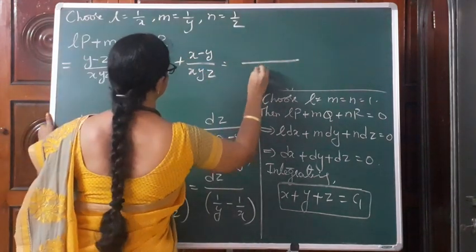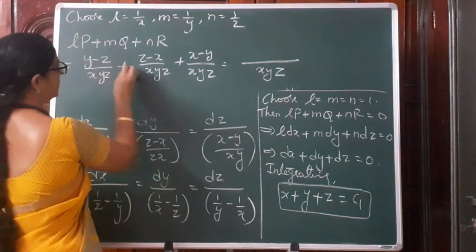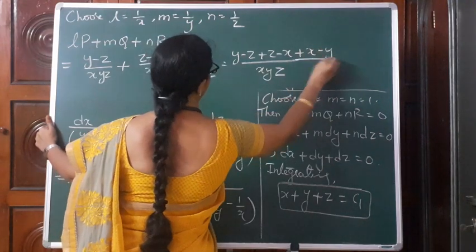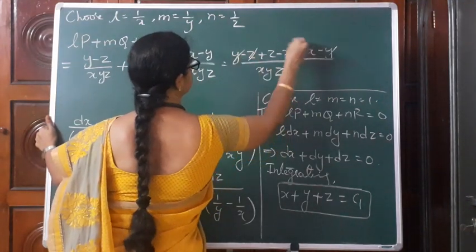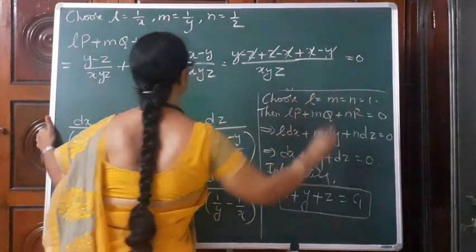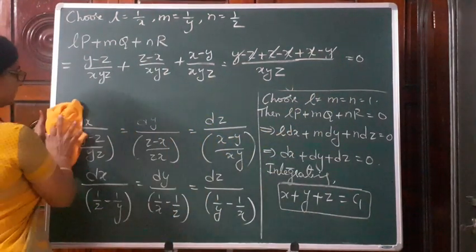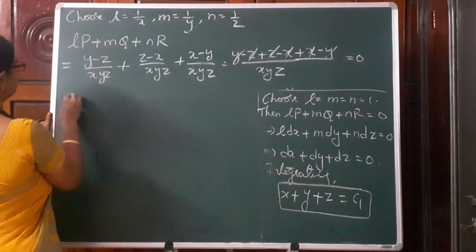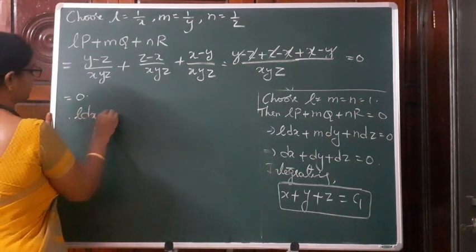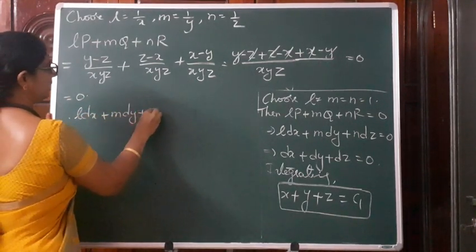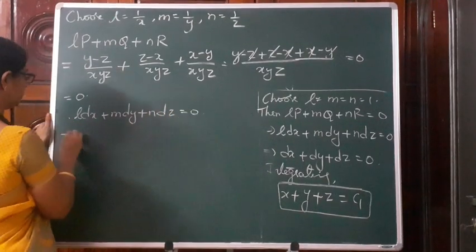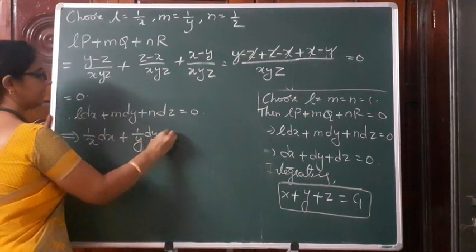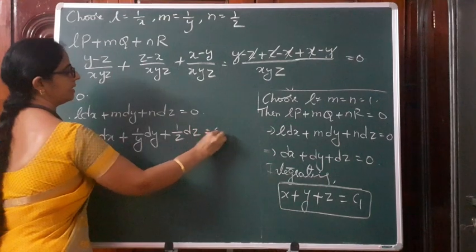We take xyz as the LCM, then we get y minus z plus z minus x plus x minus y, which gives 0. Therefore LP plus MQ plus NR is 0 here. Therefore L dx plus M dy plus N dz is equal to 0. That means 1 by x dx plus 1 by y dy plus 1 by z dz is equal to 0.